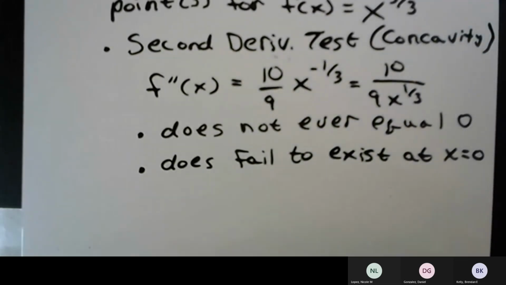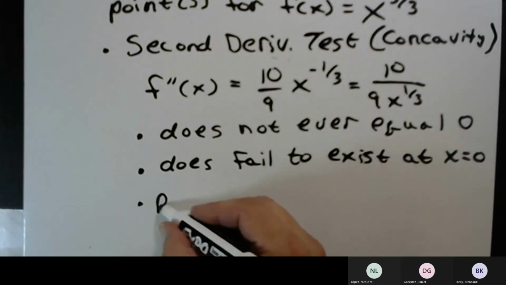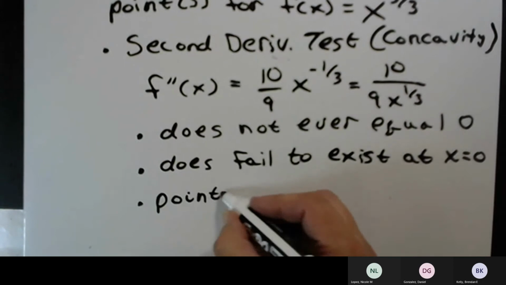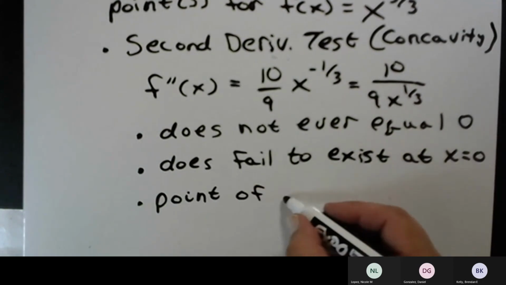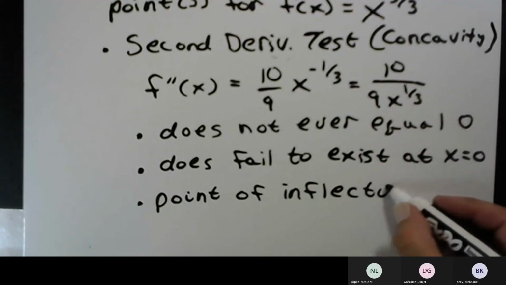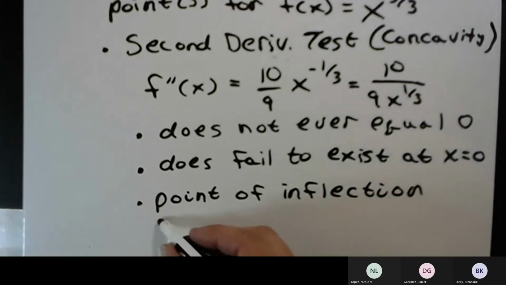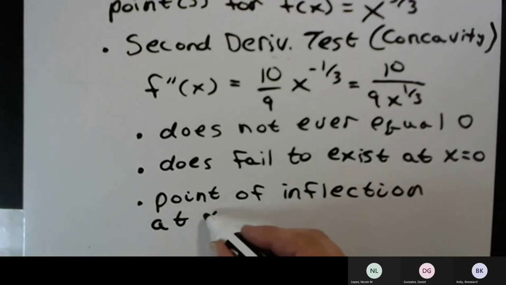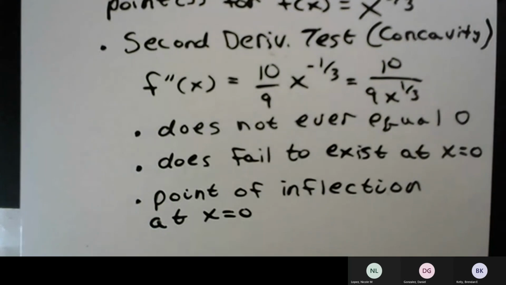So what we end up getting is that we have a point of inflection at x equals 0.